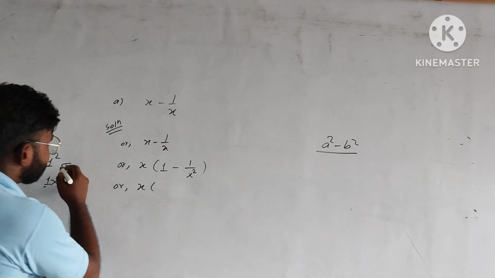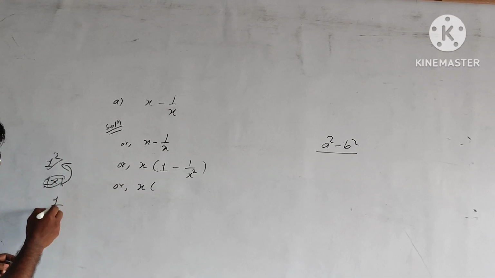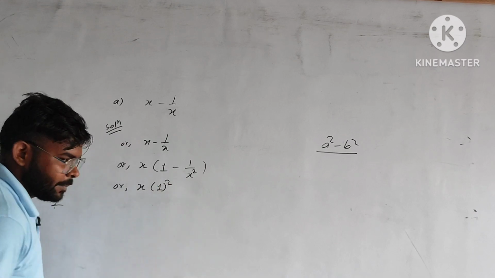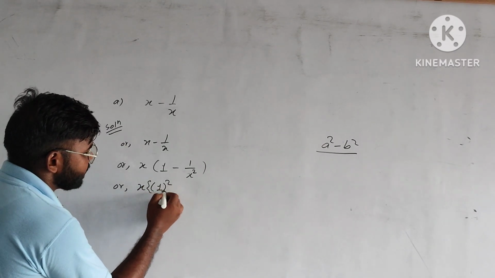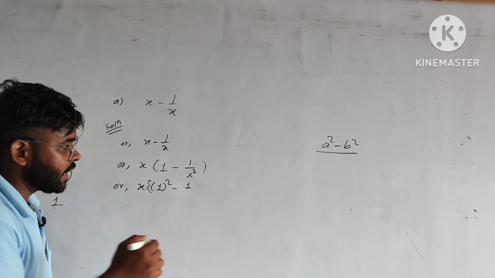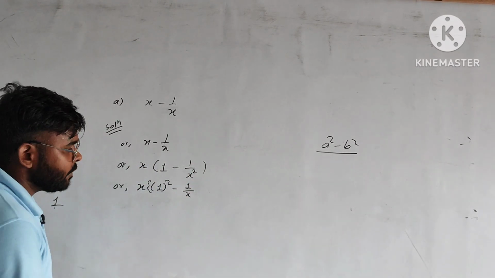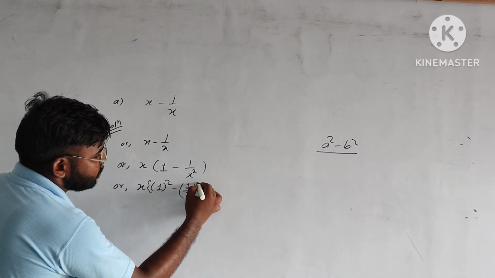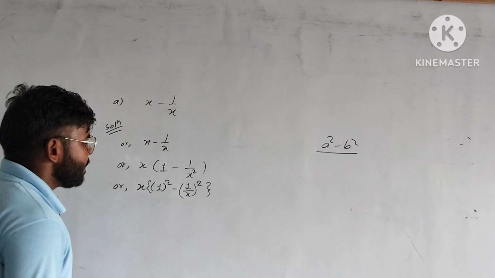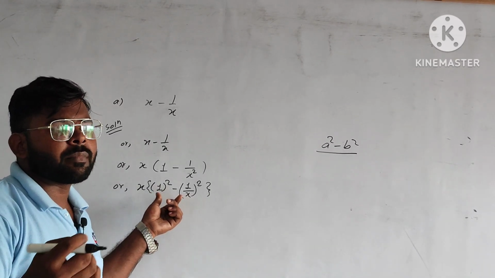The square of 1 is always 1. So we can write here 1 square, and the next thing, minus, and there x square is there. In place of this we put x only, and we write this 2 square as a whole, and now curly bracket close. Now this is in the form of a square minus b square.